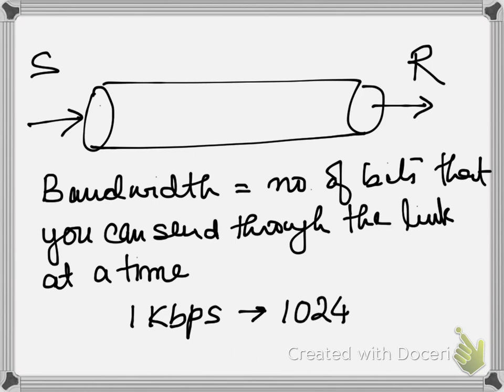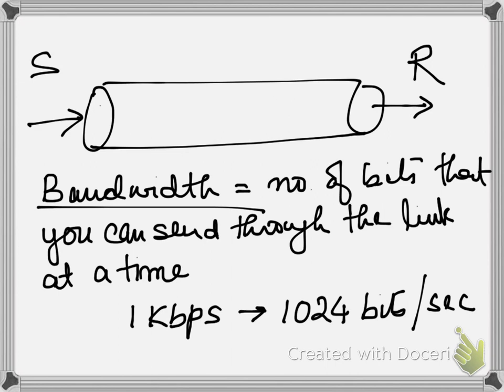So 1024 bits can be sent per second through the pipe. If you have a higher bandwidth, that means more data can be sent, and with lower bandwidth, less data can be sent. So this is clear to you.